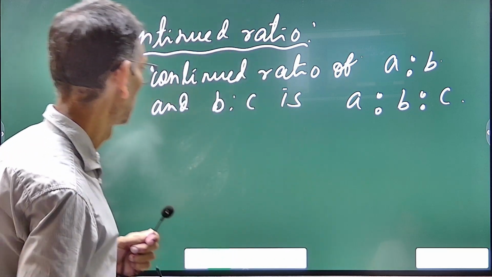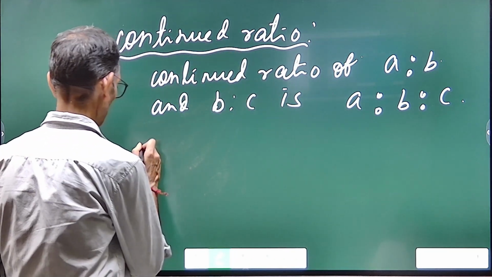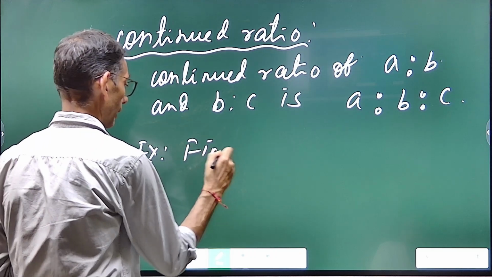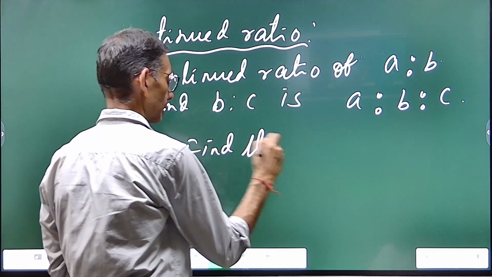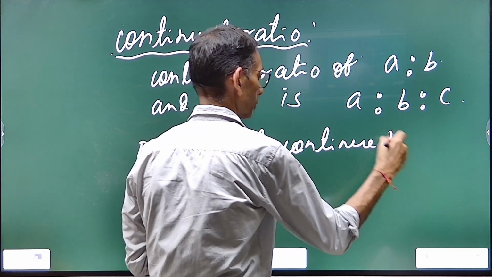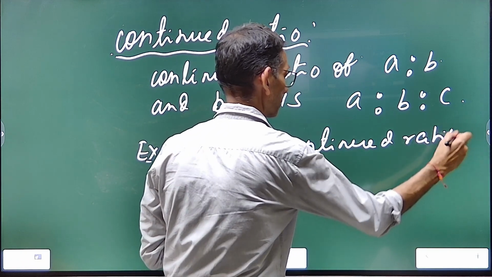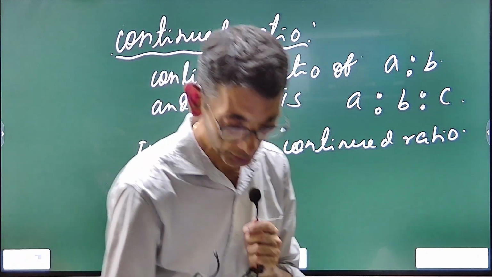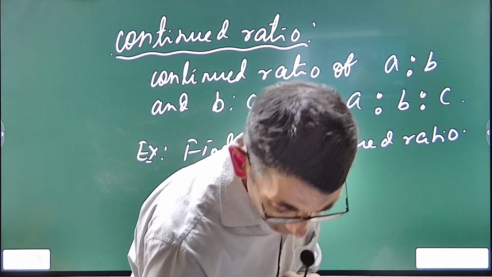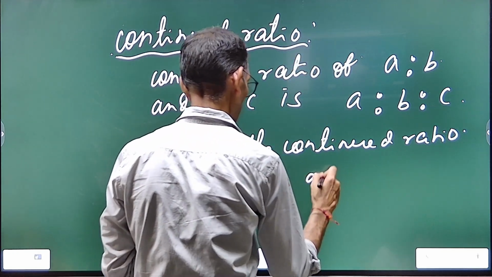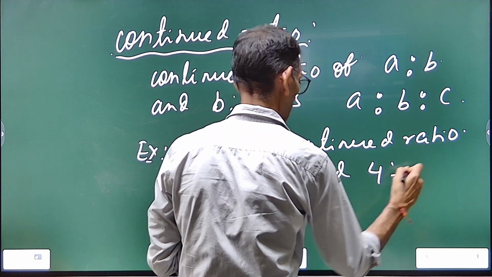Okay, right. So, example. Find the continued ratio of 2:3 and 4:10.